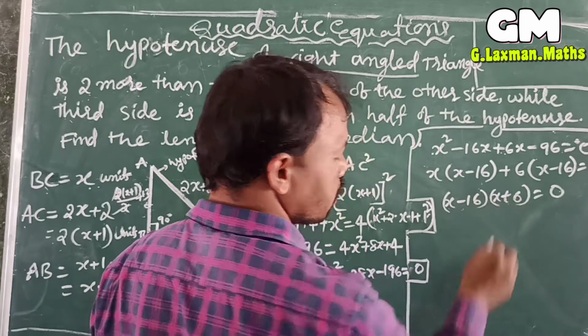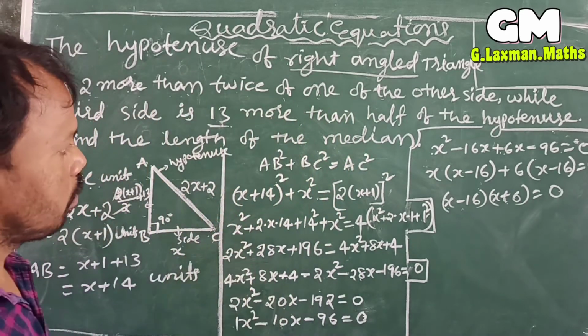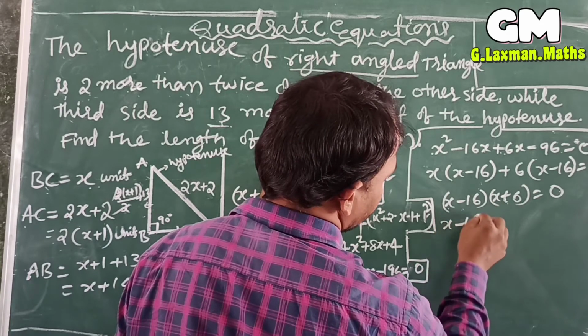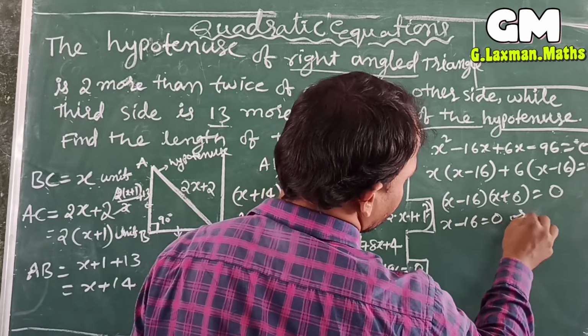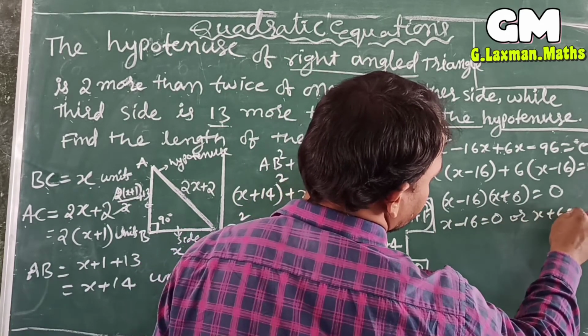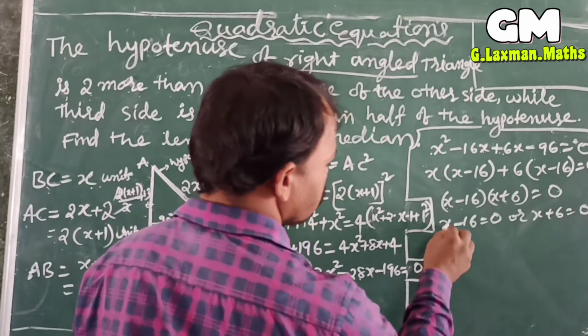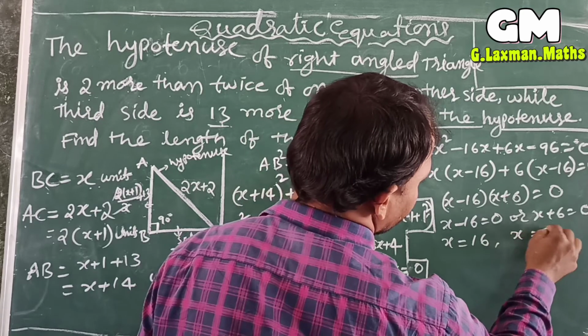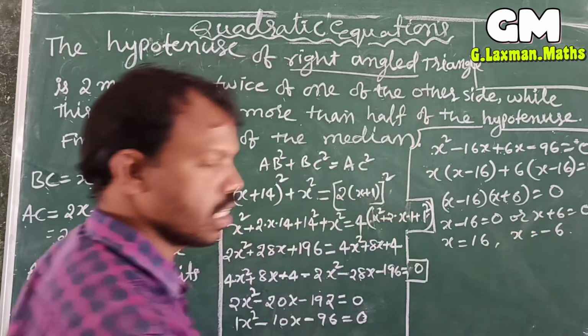The product is equal to 0, so any one of them must be equal to 0. So x minus 16 is equal to 0 or x plus 6 is equal to 0, so x is equal to 16 and x is equal to minus 6.